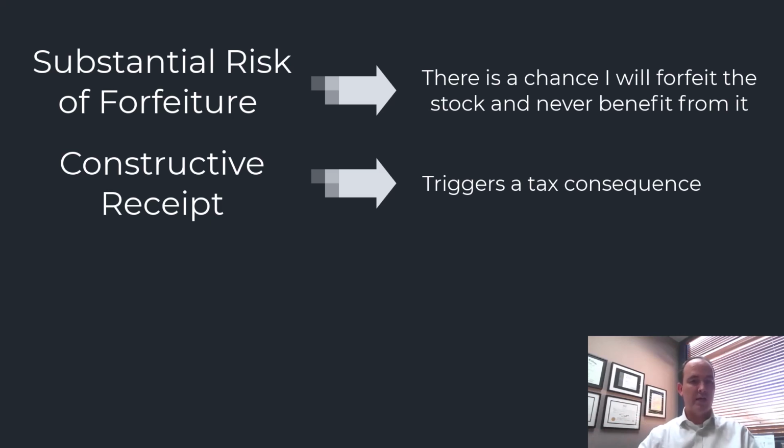create the tax consequence. For example, let's assume that my employer grants me $10,000 of RSUs, but they don't vest for 2 years. In that 2-year period, this stock's total value increases to $15,000. And then I vest and the restriction is lifted.